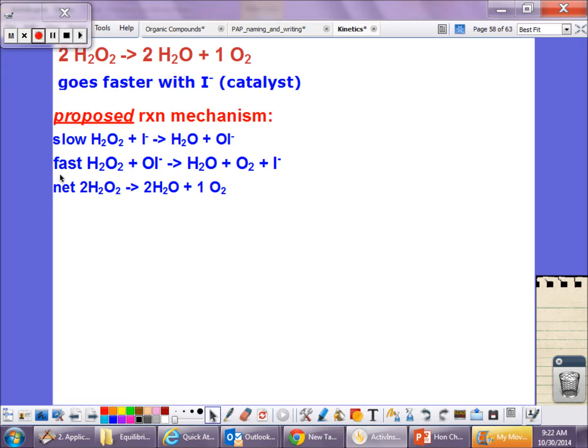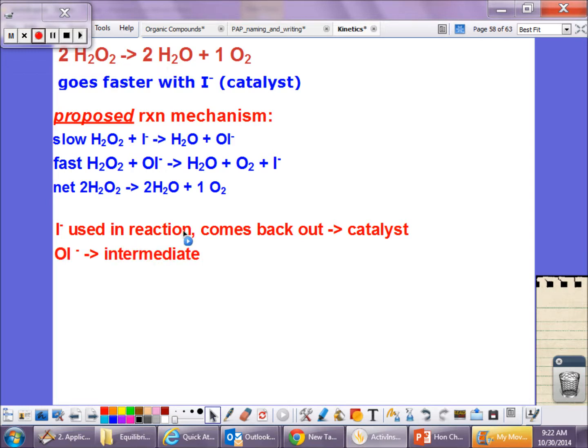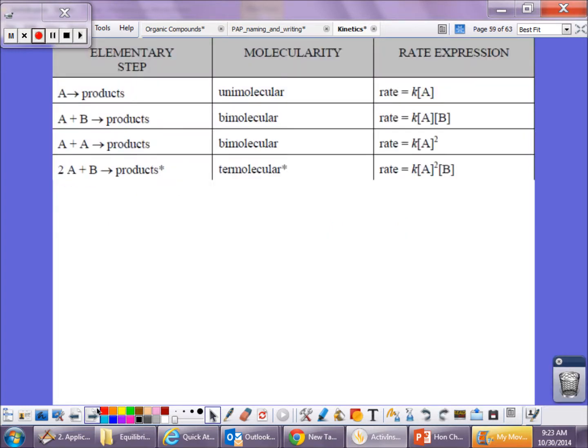So what you will be doing in your AP problems, okay, because there is an action here, let me wait, after I will show you. The iodide, which is the catalyst used in the reaction, comes out. This is a catalyst. The intermediate, this is the intermediate, will be formed and then used up.